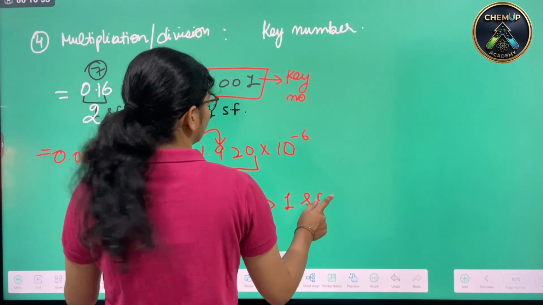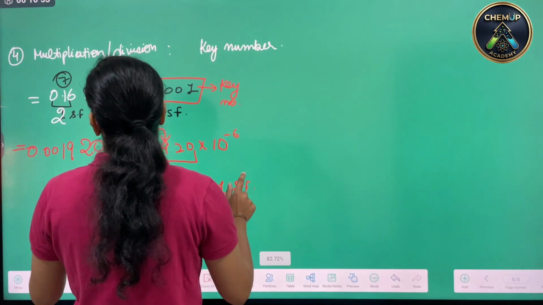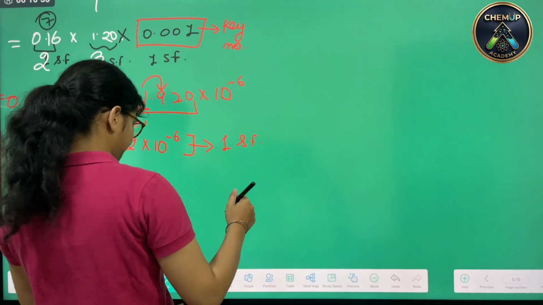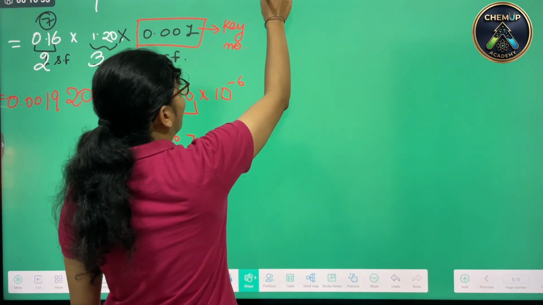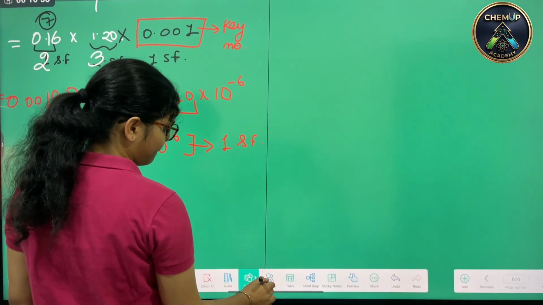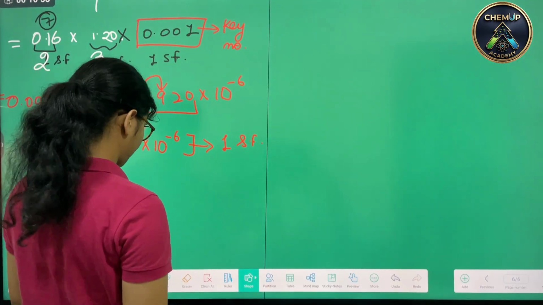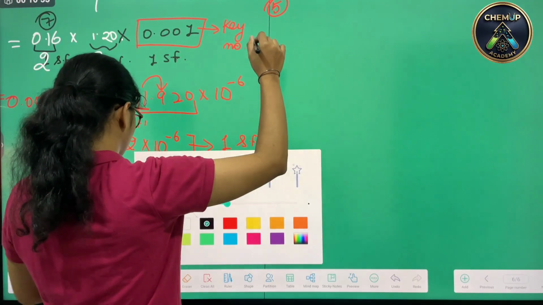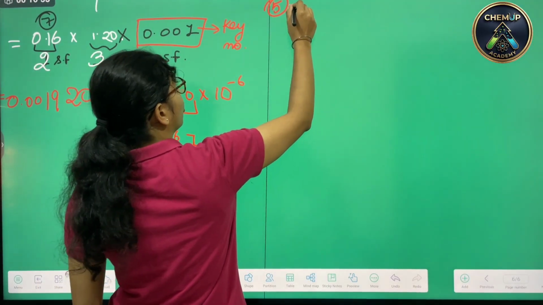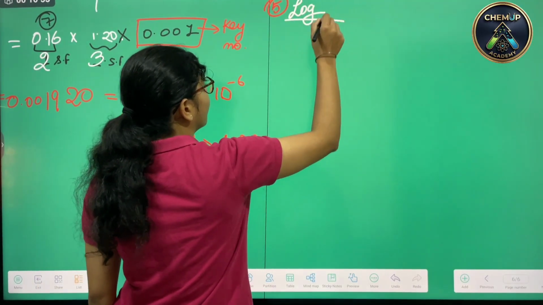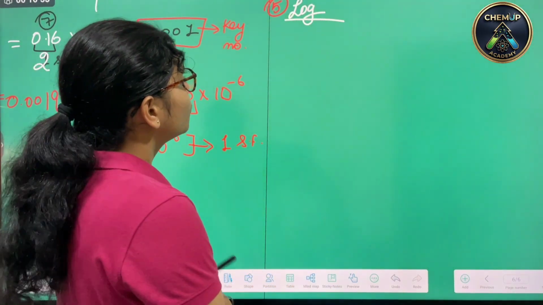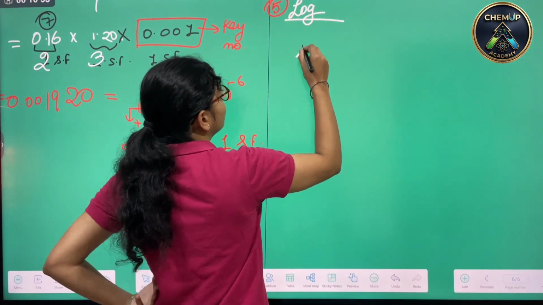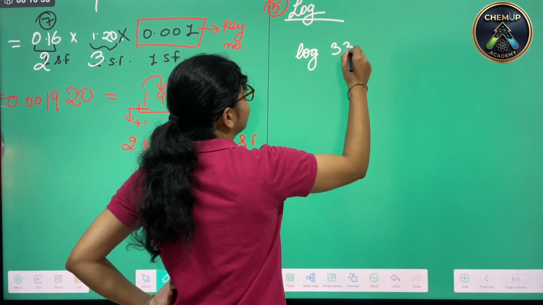Now coming on to another case, which involves logarithms. How can we perform logs? Logarithms are to be performed. So in order to perform the logs, we need to understand, supposedly we have log 339.